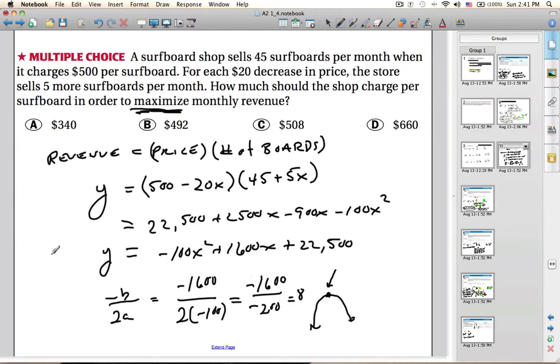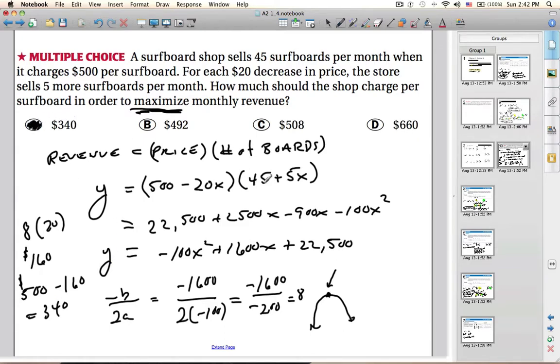So I reduced the price 8 times. Each reduction was $20. So I'm reducing by $160. My initial price was $500. So $500 minus 160 is equal to $340. So A is the correct answer.